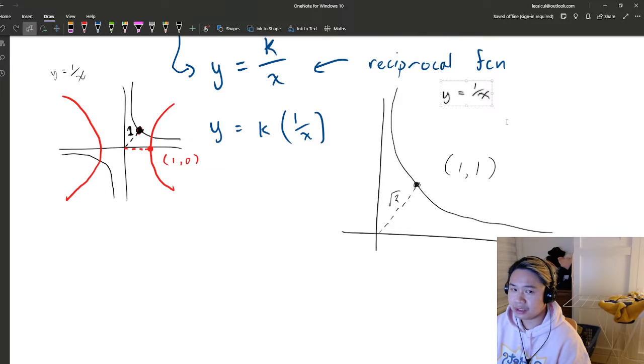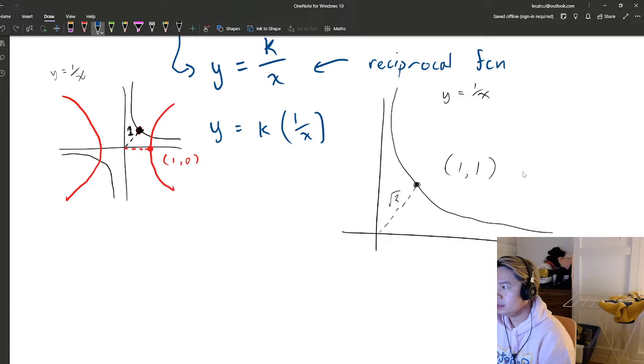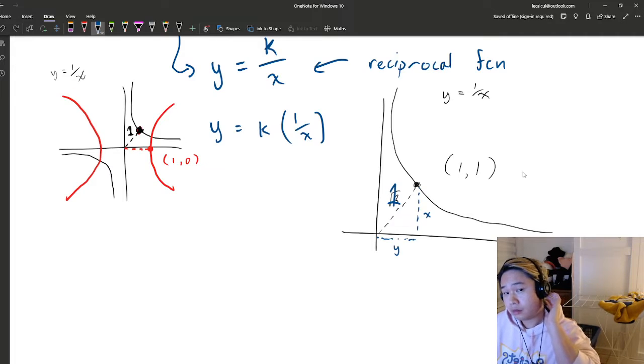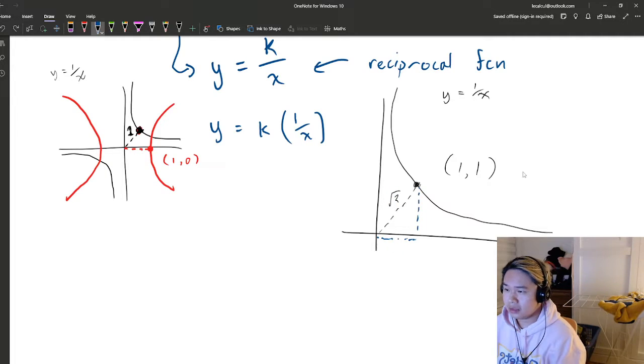So we can transform this function so that the x and y values, which are the same, are a distance of 1. Each one should be 1 over root 2. So this should be 1 over root 2, and this should be 1 over root 2.